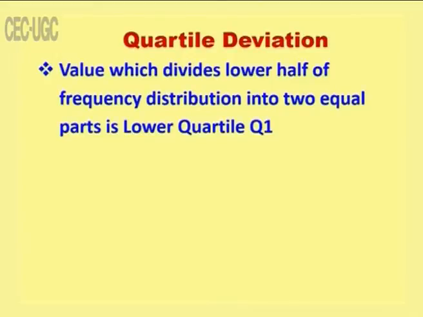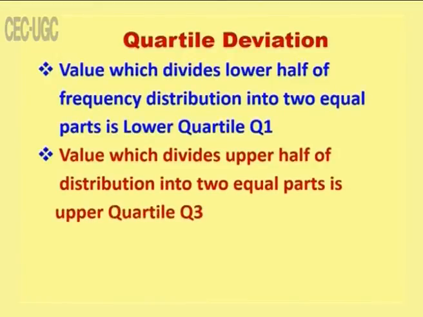And now, let us define the quartile deviation. The value which divides the lower half of the frequency distribution into 2 equal parts is called the lower quartile. That means, suppose it is a frequency distribution and we are dividing that into 4 equal parts, that is first, second, third and fourth, and the point which is dividing the first half into 2 equal portions, that means this particular point is called the first quartile or Q1.